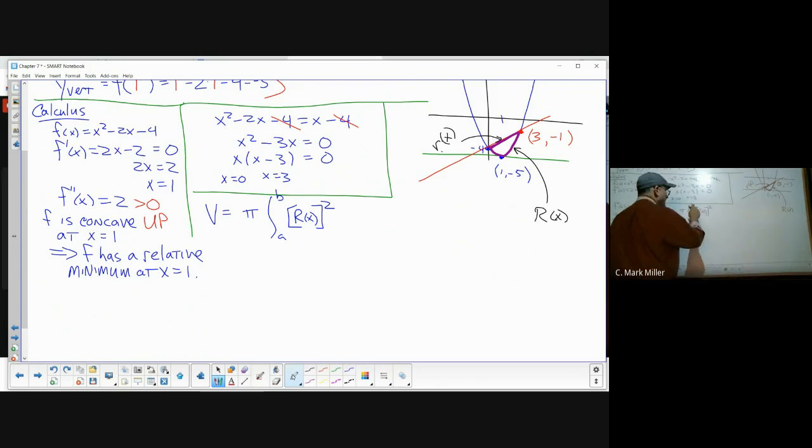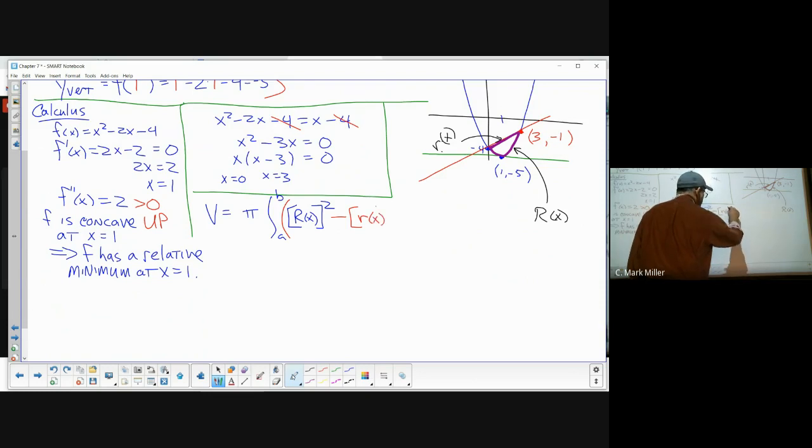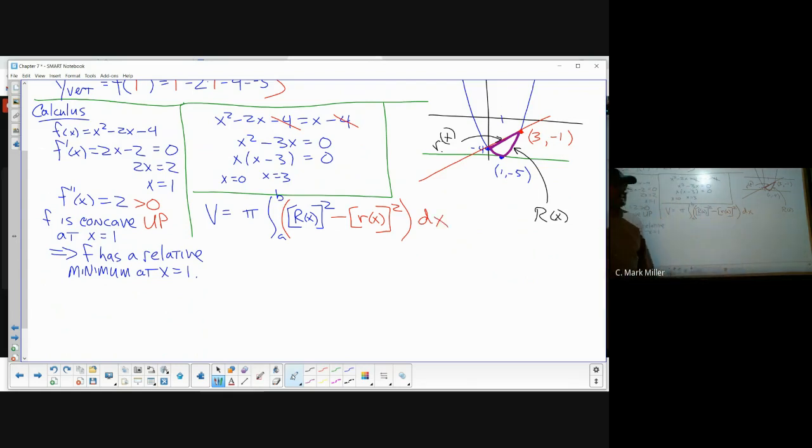And so what do I have? I have parenthesis minus little r of x squared dx. So the red accounts for the empty space inside, right?